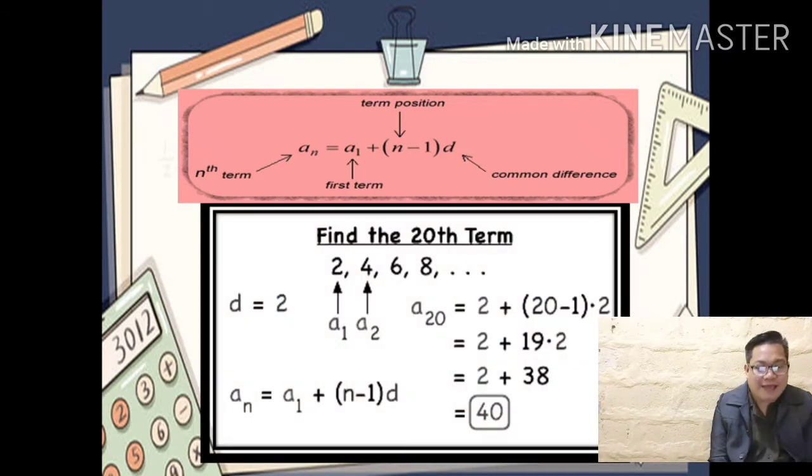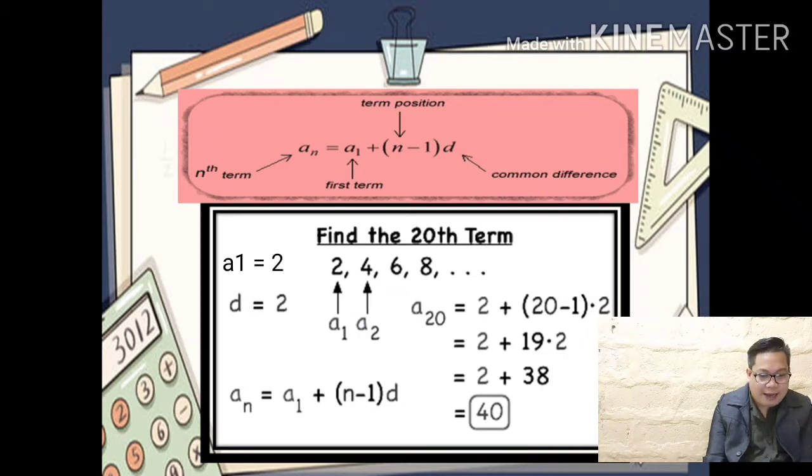Find the 20th term in the sequence 2, 4, 6, and 8. So, dito, ang first term natin ay 2. Ang ating common difference ay 2. Kasi, lahat ng inadd para makuha yung mga sumusunod na terms ay 2.